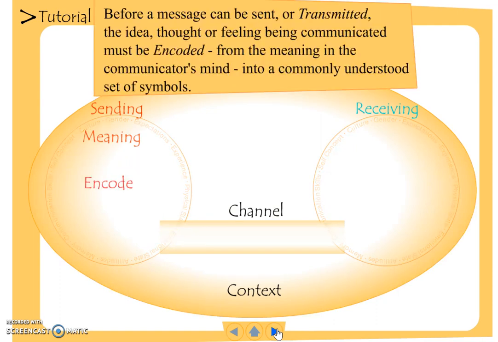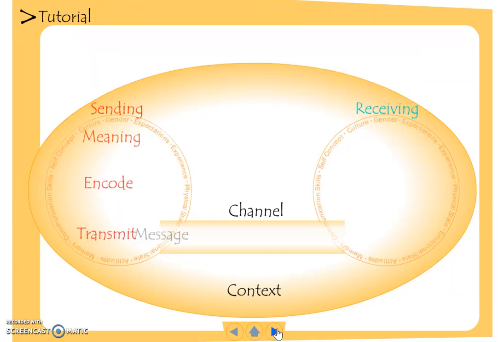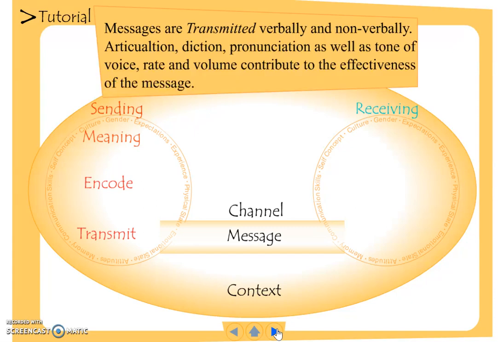Now, before the message can be sent, it's important that the idea, the thought, whatever's being communicated, is encoded. That means that in the communicator's mind, they decide how they are going to send the message. So then the message gets transmitted, and that's where the channel comes into play, so through those senses.